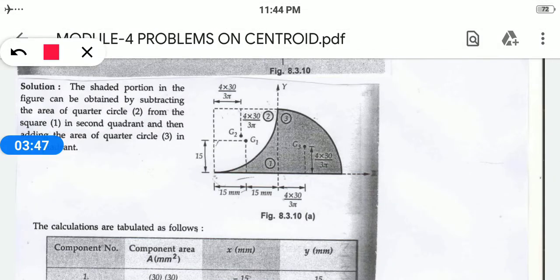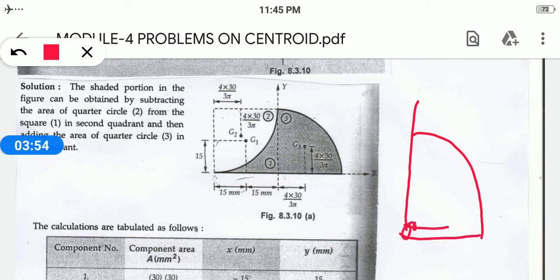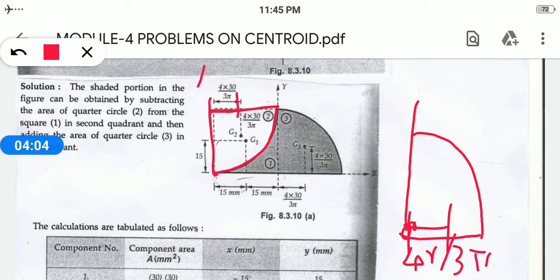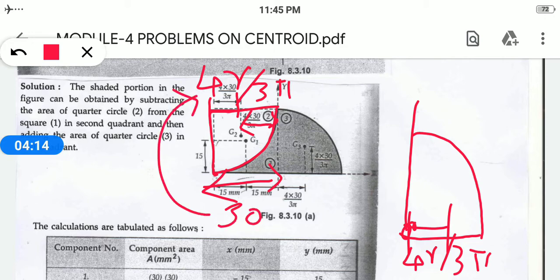See, this is somewhat complex for you. When your quadrant circle is like this, your distance will be 4r divided by 3 pi from here. But when it is in the opposite direction, this distance will be 4r divided by 3 pi. So what will be the remaining distance? This 30 minus 4r divided by 3 pi will give you the remaining distance.